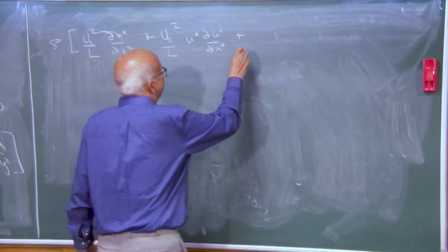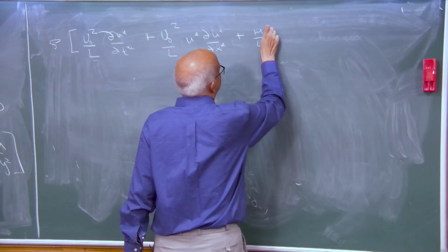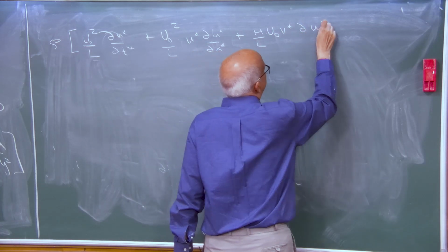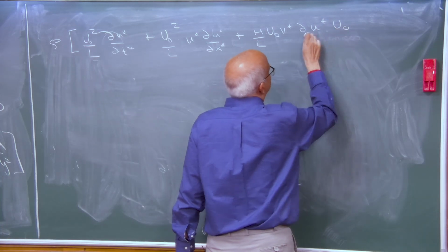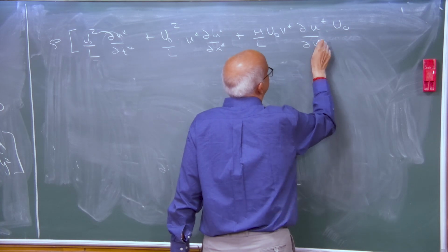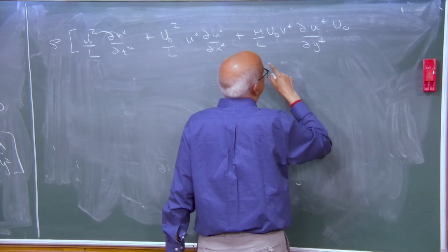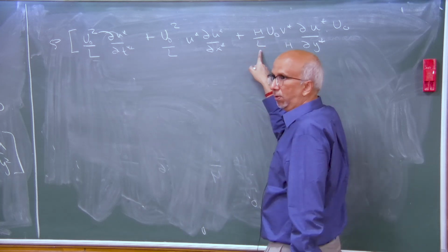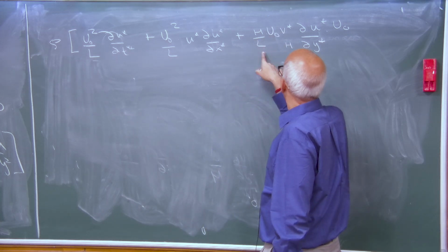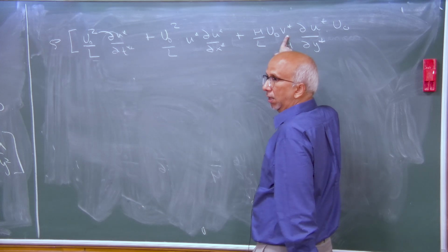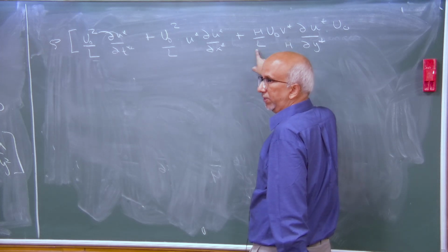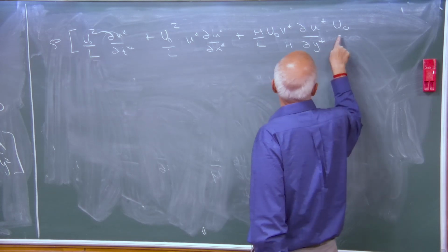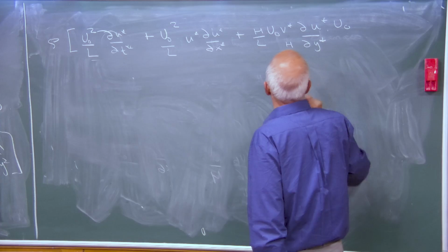So it is h by L u naught multiplied by v star times du star, that gives me one more u naught, and I get dy star which gives me another h. So this h u naught by L comes from making v dimensionless, this is the v characteristic. This h comes because y has been converted to y star, and this comes because u star has been made u naught.